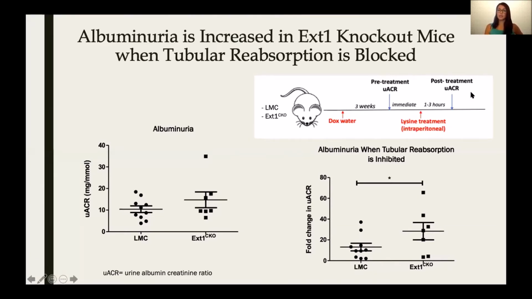Then I collected a post-treatment urine, calculated the fold change between pre-treatment and post-treatment, and compared the two for both mouse groups. You can see here there's a significant increase in fold change in UACR in the EXT1 knockout mice compared to littermate controls. So this suggests that there are changes in albuminuria in the EXT1 knockout mice, but they're small, so they're being masked by tubular reabsorption.